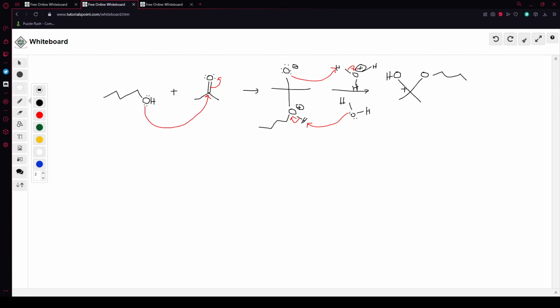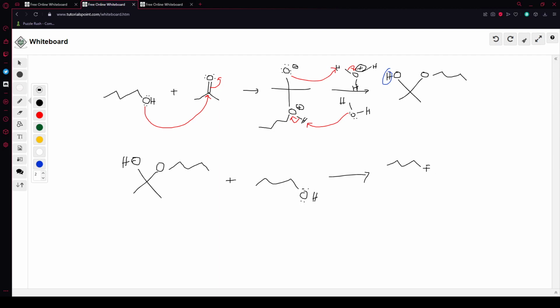And if we were to do this again with our product, we would actually just replace this H here with another R group. So here, I'll just draw this out down here real quick. So if we react this with another equivalent of our starting reagent, we are going to get an acetal.